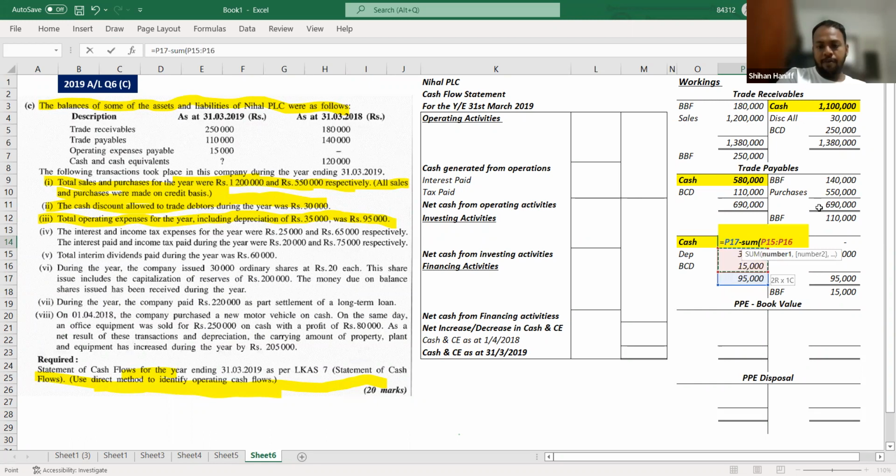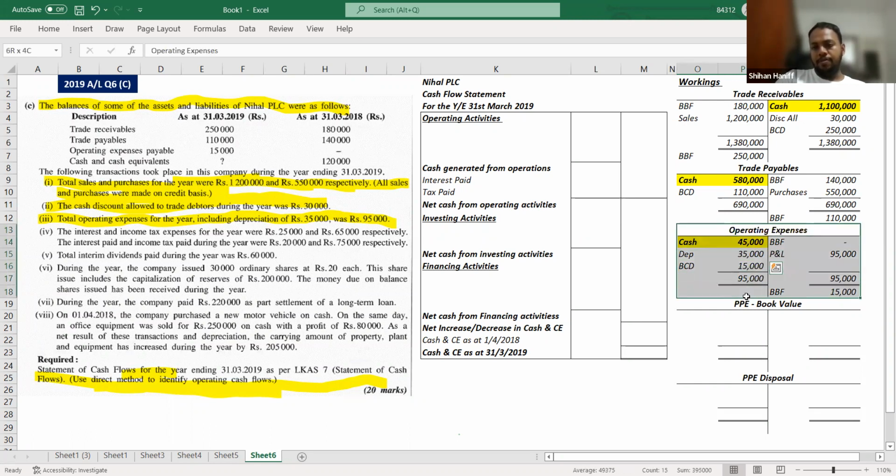So don't forget to exclude the depreciation part. Most of the students might have issues in this depreciation part.